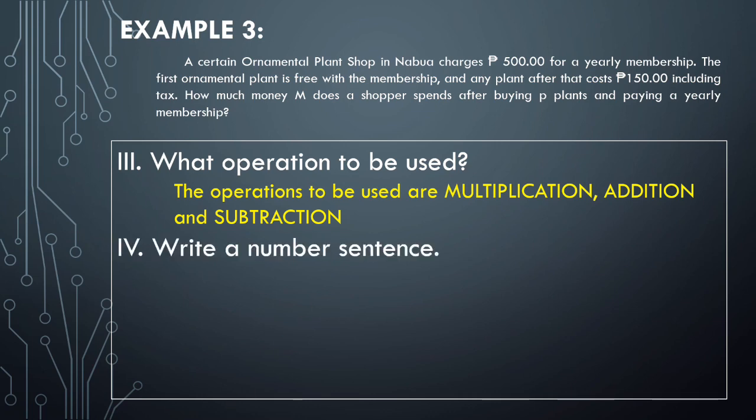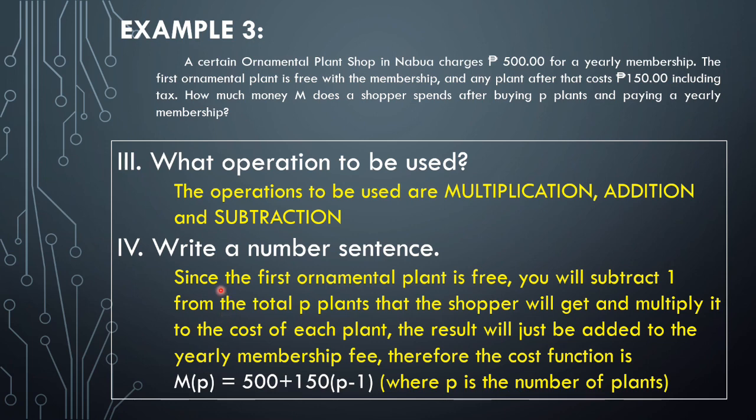Write a number sentence. Since the first ornamental plant is free, you will subtract 1 from the total plants. Represent as P the plants that the shopper will get and multiply it by the cost of each plant, and the result will just be added to the yearly membership fee.